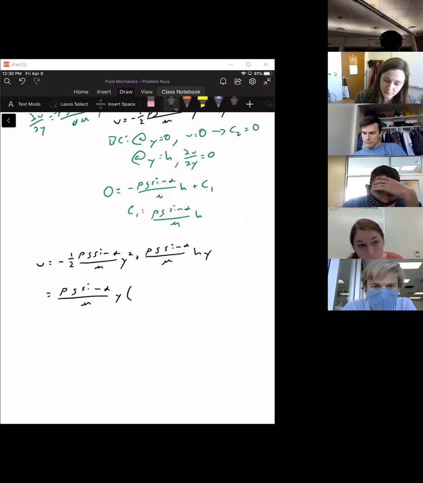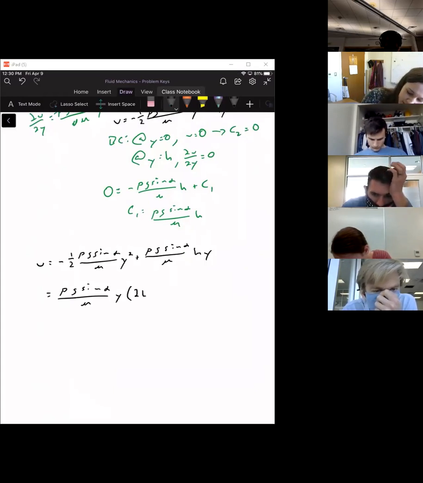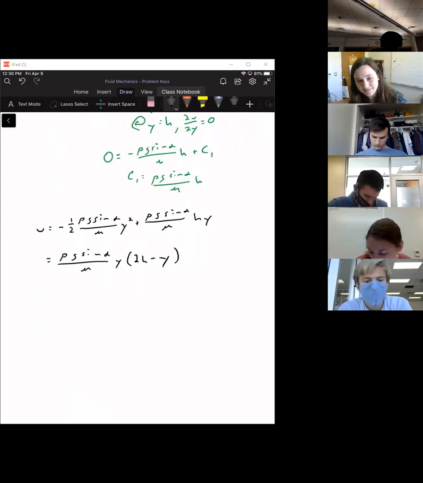And so I would end up with 2 rho g sine alpha over mu minus rho g sine alpha over mu. So it is 2h minus y. There we go. Sorry, I did some stuff in my head, which I think is right. This is the answer.